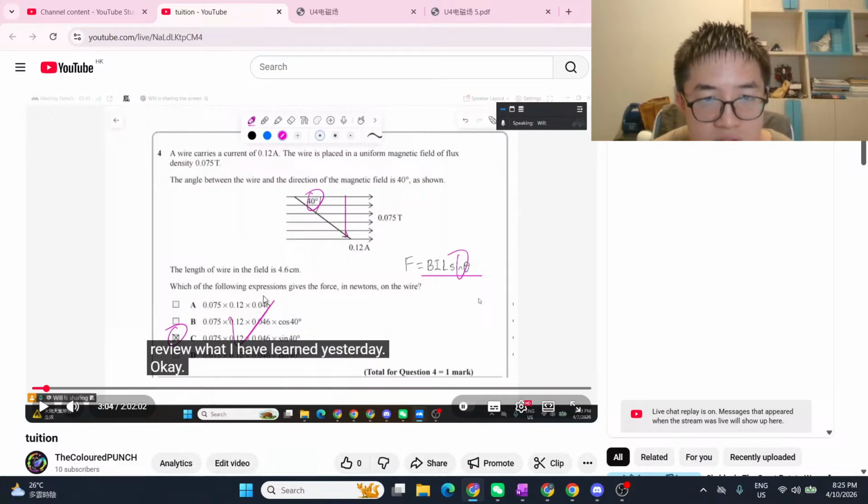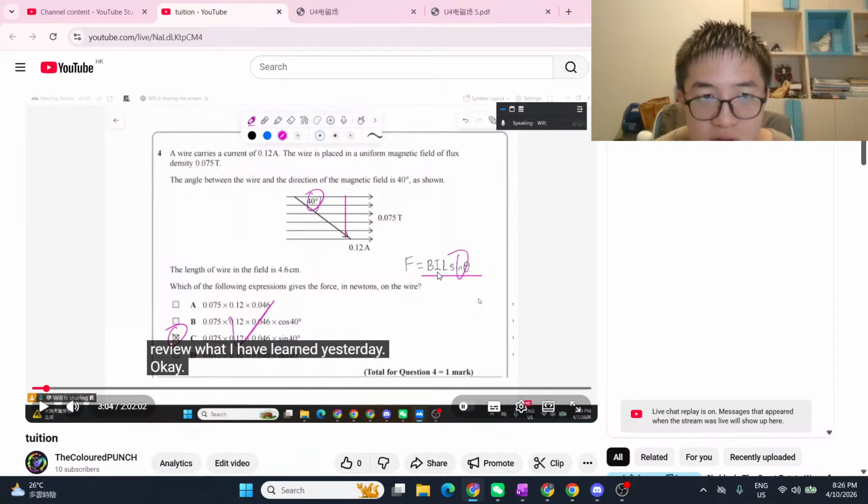Which of the following expressions give the force in newtons on the wire? So force equals BIL sine theta. We're finding sine theta because the angle is between the wire and the magnetic flux. We're trying to find the length of the wire perpendicular to the magnetic flux. So we're doing sine theta.